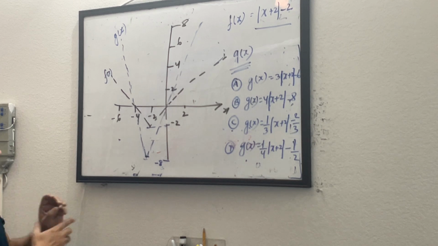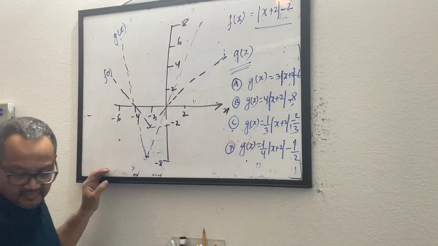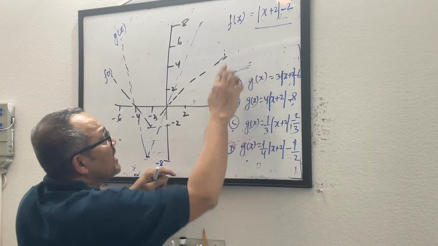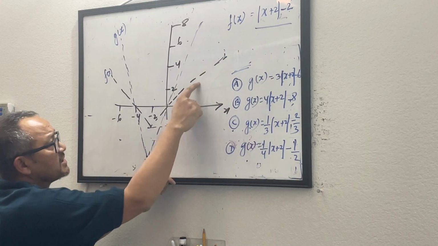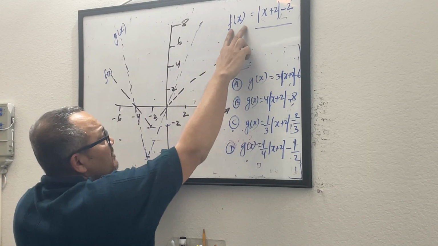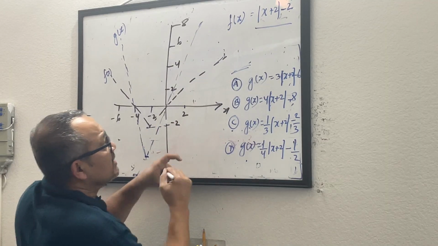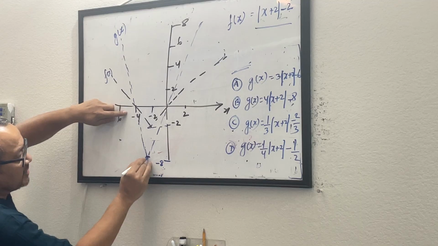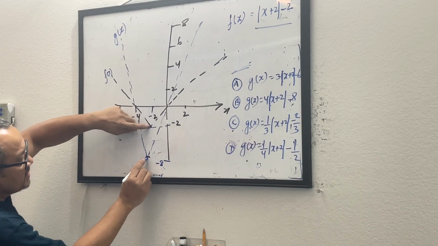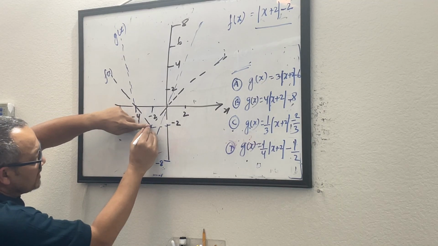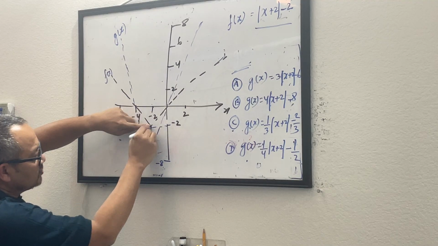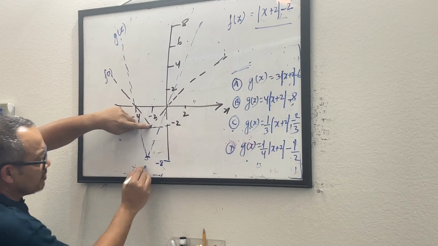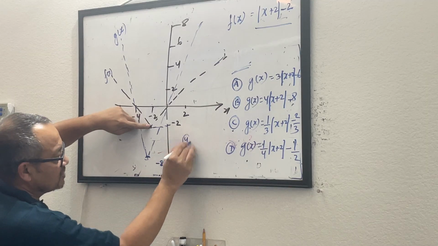Now, what is the scale? Your approach would be based on what you see in this graph and this graph. What is the relationship between f of x and g of x? Now look at this. Between this point and this point, what did change here? Your x value was the same, minus 2. It changed from minus 2 to minus 8. So it changed by 4 folds.